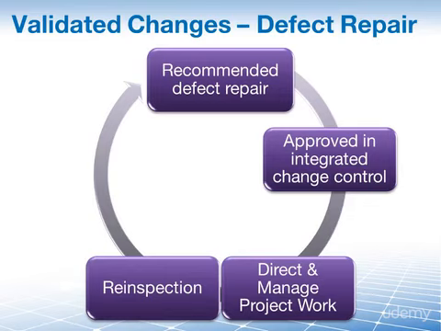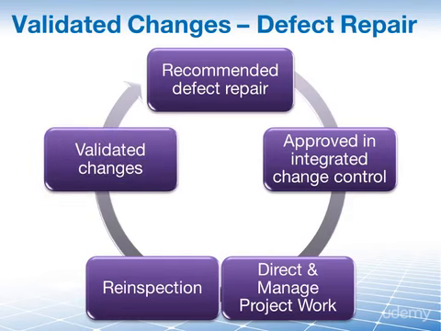And it is at this point in the process that the deliverable can be validated, and that is what the output of validated changes is all about. We have validated that the change was implemented properly.